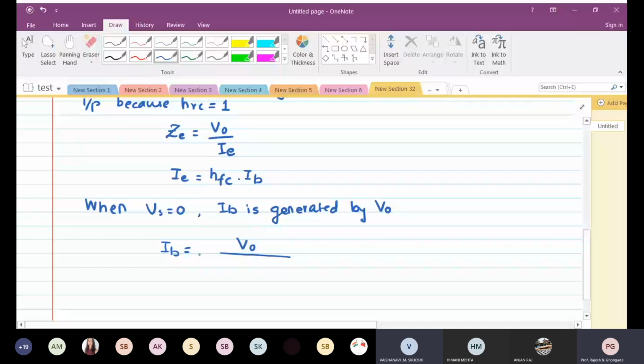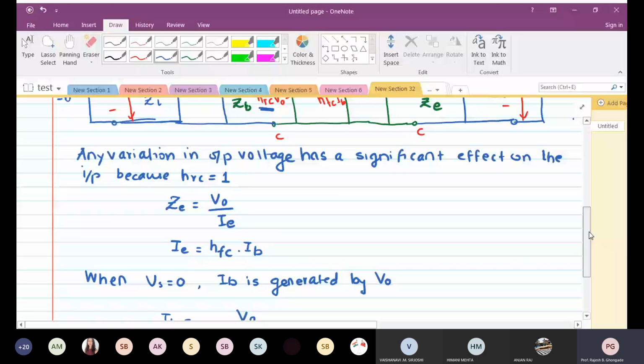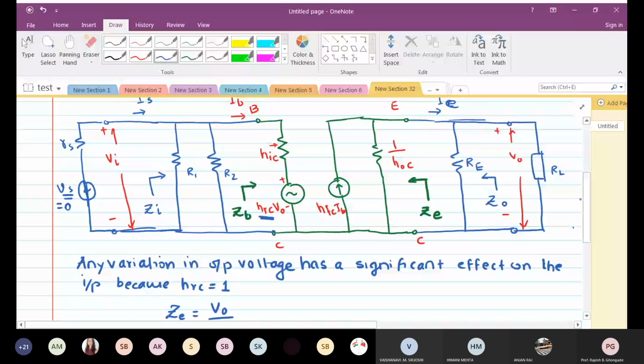It's a current, so we have to have a ratio of some voltage to resistance, Ohm's law. So what is the resistance on the input side? Total resistance on the input side, you can see here, is HIC plus a parallel combination of R1, R2 and RS.